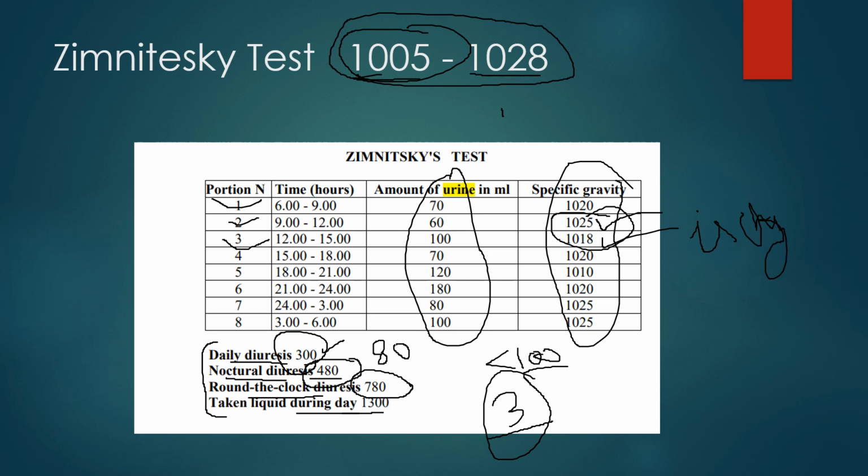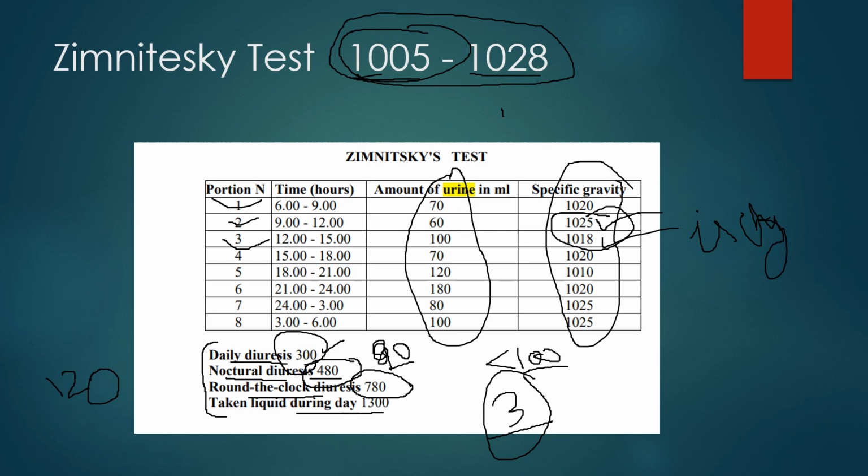If I make this value 3 times, it will be 240. That means the condition is normal. If I even make this value 90, that is also normal. But if I make this value 120, then the condition is also nocturnal diuresis, because 3 times this is 360, and it will be a big difference.